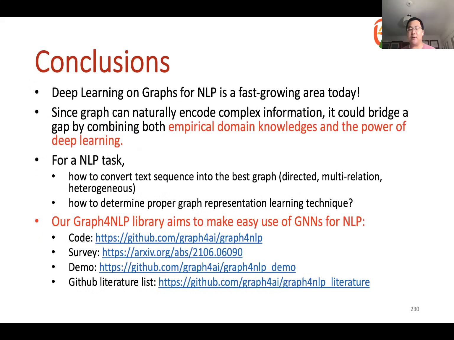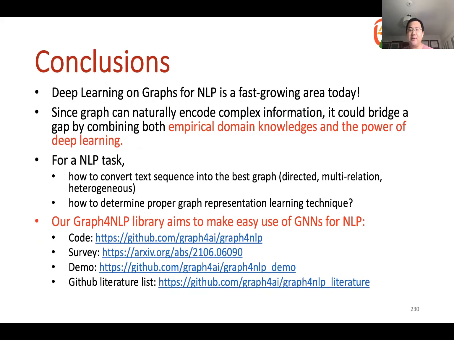And finally, I would like to conclude this tutorial. Deep learning on graphs for NLP is a fast growing area today. As you can see, the graph can naturally encode many complex information. Therefore, it can really bridge a gap so that we can combine empirical domain knowledge and the power of deep learning.